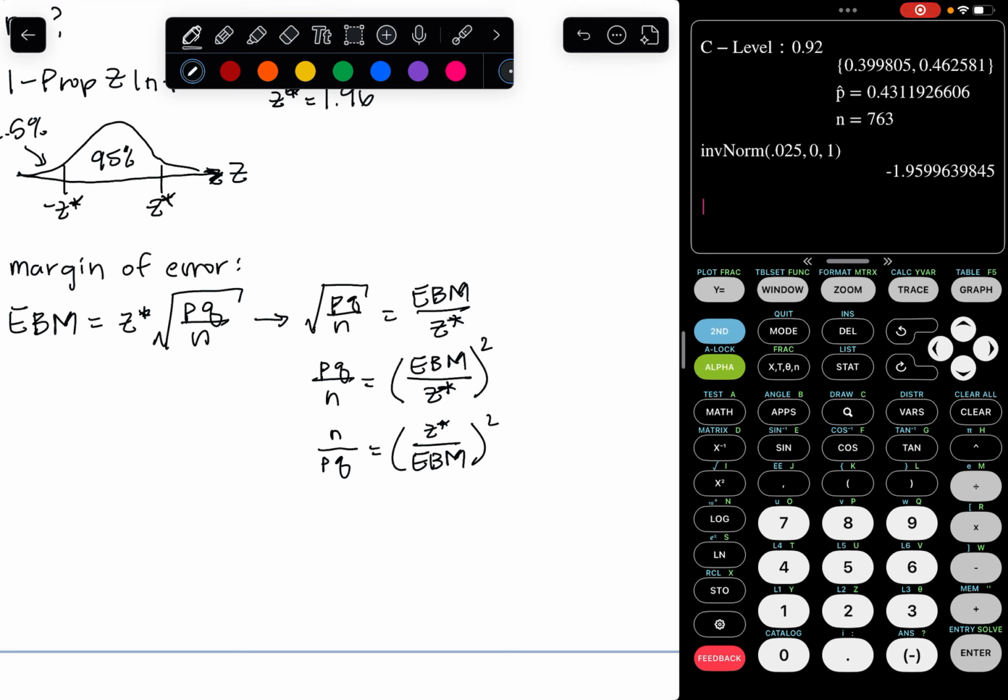And then to solve for n, I need to multiply by the stuff in the denominator. So multiply both sides by PQ. I get sample size n is PQ times z star over EBM, squared.